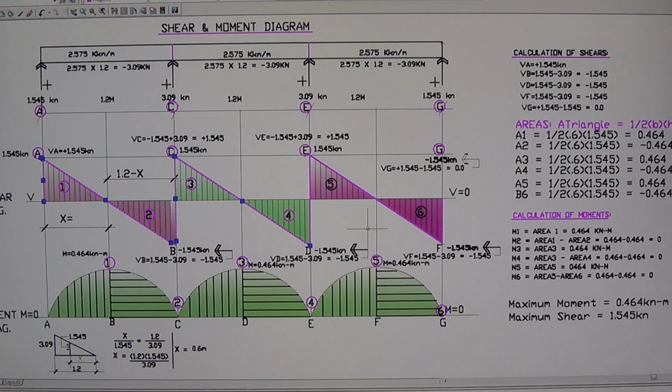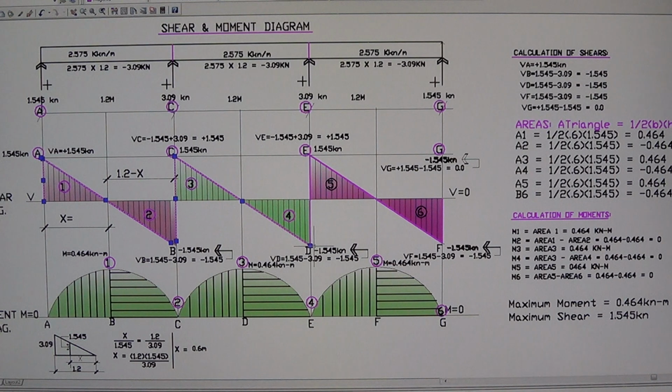There you go, same thing at E, shear at E. So we're done with this load here, we're done with this load here. Now we're going to the shear at E. The shear at E, look, this is the reaction here, which is 3.09 positive going upward. So therefore the shear at E is the shear from D. Always go back and look at behind you.